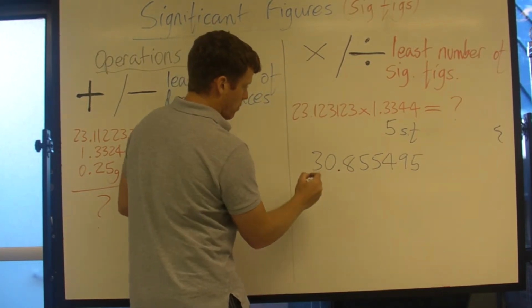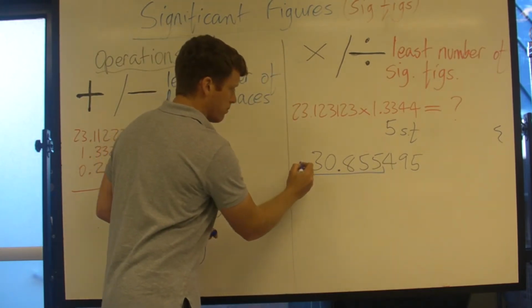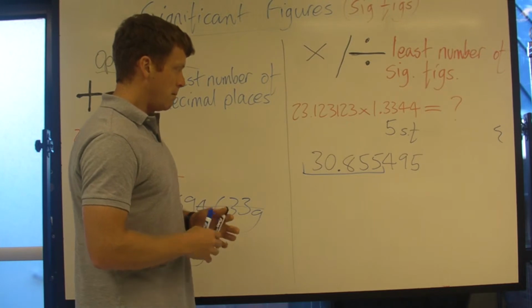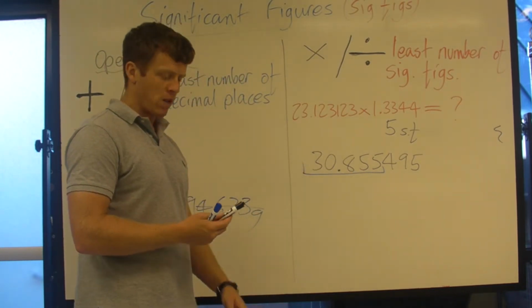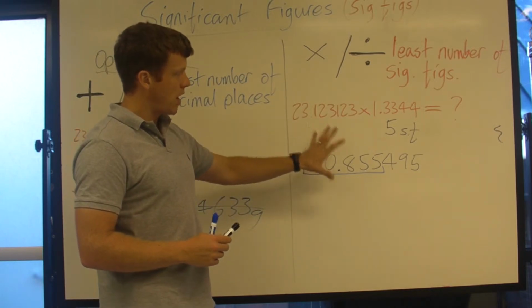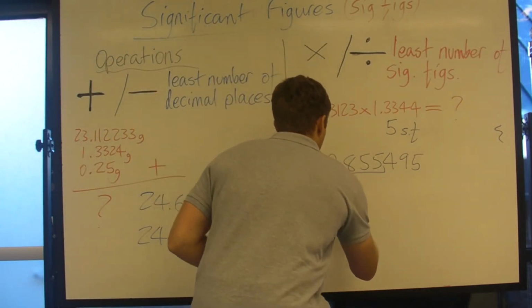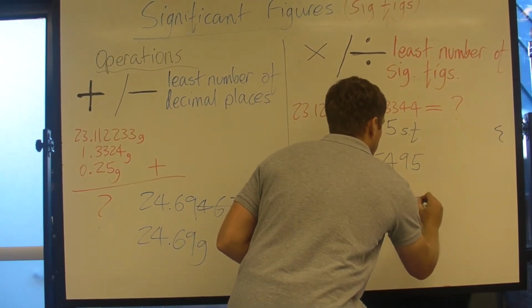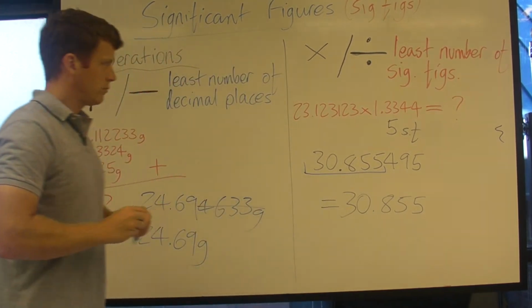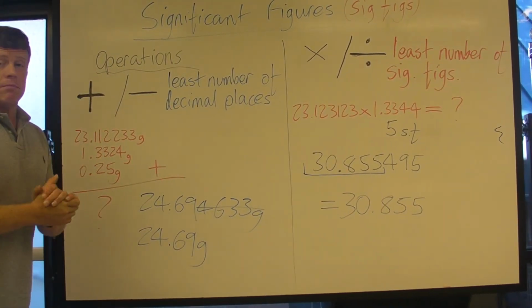So this is where we're going to round this number to. And because this is a 4, we're going to keep this 5 the same. So our answer in 5 significant figures would be 30.855. And that's it. That's all there is to it.